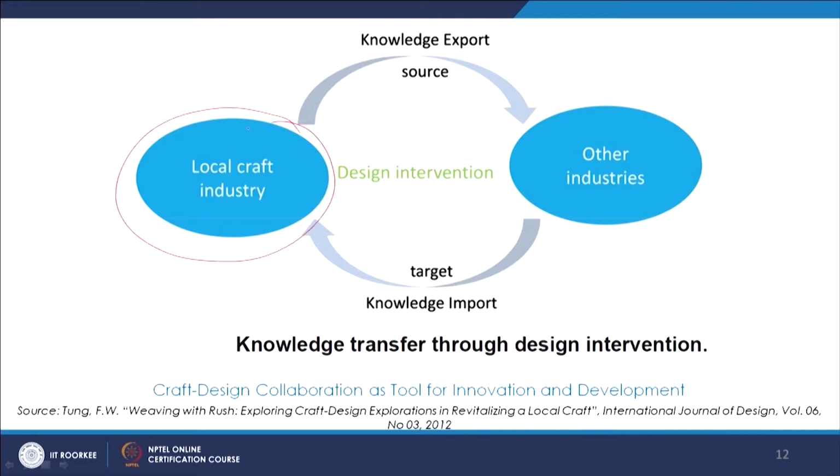Then there is a lot of knowledge exchange that happens between the local craft industry and other industries, and there is import and export of knowledge from one side to the other, and how design interventions play a crucial role in connecting the two of them and the different kinds of interventions leading to a completely new way of looking at the craft sector. So we tried to understand that.